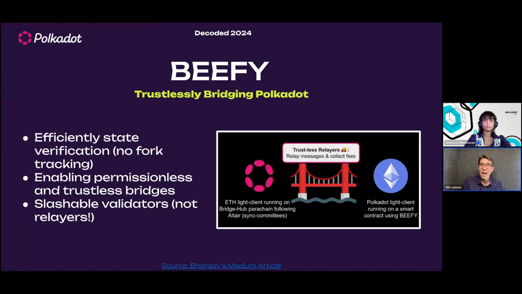So you can write a smart contract for the other side of this, basically acting as a Polkadot-like client, running on a smart contract, and using Beefy, it can follow Polkadot and vice versa.